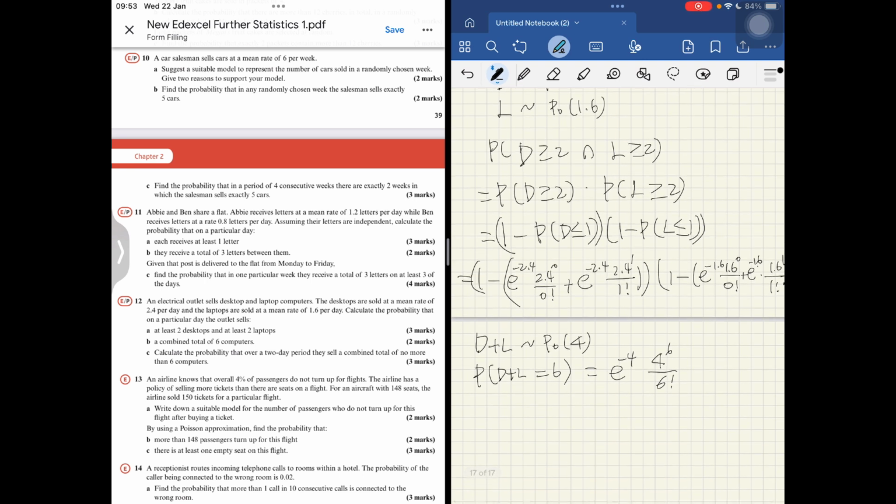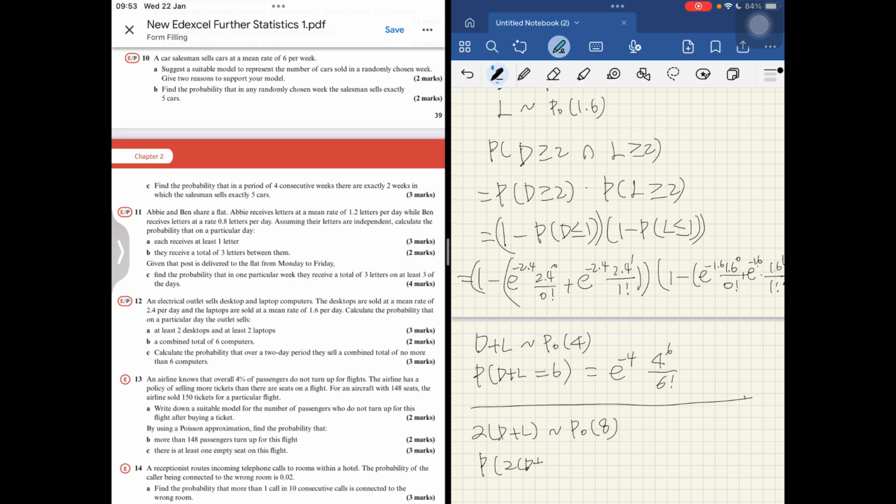Over a 2-day period, they said a combined total of no more than 6 computers. Now this rate is per day, so over a 2-day period we need 2D plus L, because we have 2 days. So this is 8.